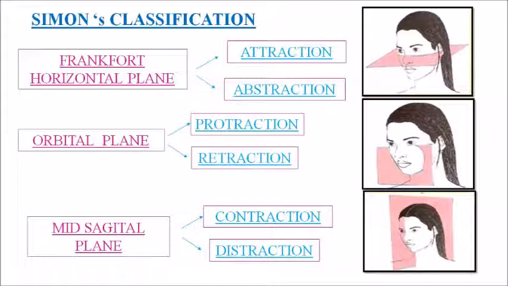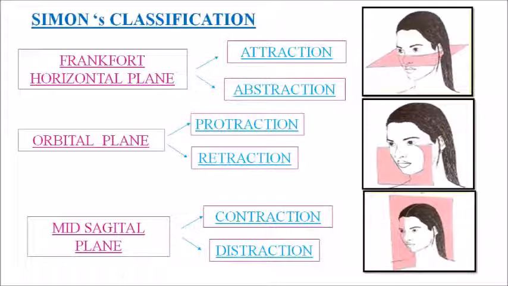In an anteroposterior plane, if the dental arch is moving ahead of the orbital plane or farther away from the orbital plane, it is called protraction. Whereas if it is coming closer to the orbital plane, it is called retraction.